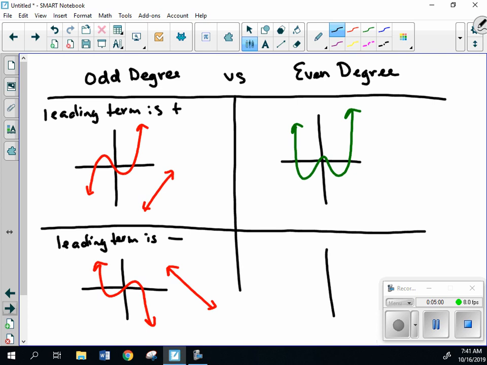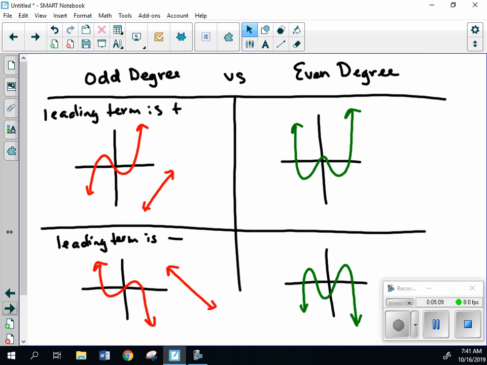So if we're talking about an even degree, and the leading term is negative, you guessed it, it's going to be going in the downward direction. Okay, and that makes sense because you were talking about, okay, are we going to negative or are we going to positive with that leading term? It just gives us an idea of where the graph is going.